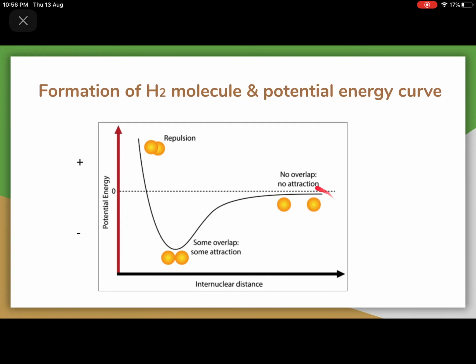As these two hydrogen atoms come closer, there will be some overlapping and some attraction, and formation of the H2 molecule will take place at the lower potential energy. As these hydrogen atoms start coming closer, the potential energy also decreases.